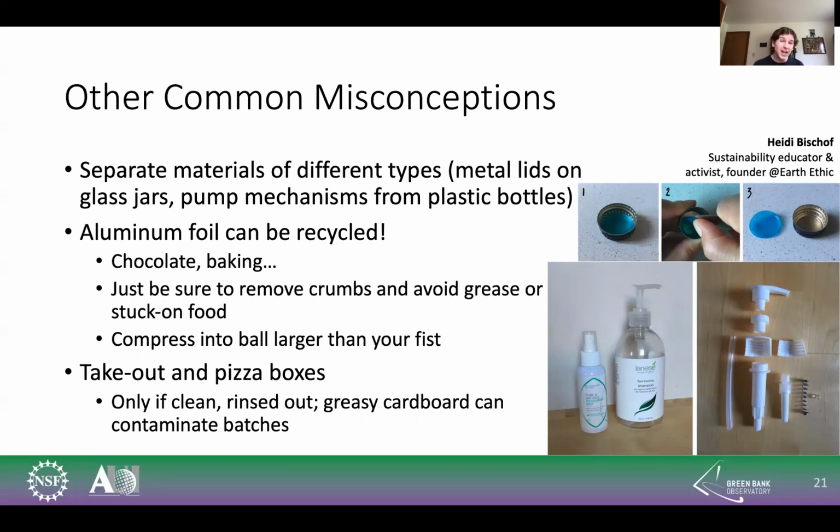Some bottle caps contain plastic in them. So if you are willing to put in the effort to just pop those out, you can then separately recycle those items.